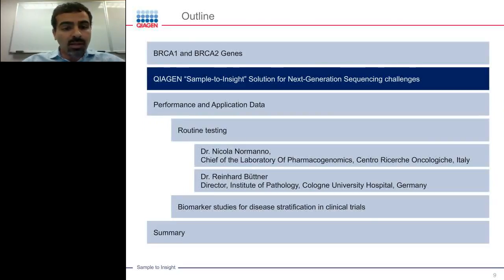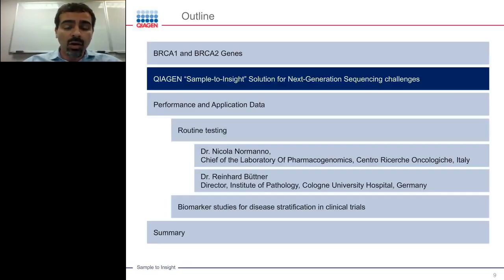So onto the sample-to-insight solution that QIAGEN has built for next-generation sequencing challenges. I mentioned that the mutational status of BRCA1 and BRCA2 is important to know from both a therapeutic perspective as well as from an understanding of the underlying mechanisms of a disease perspective.